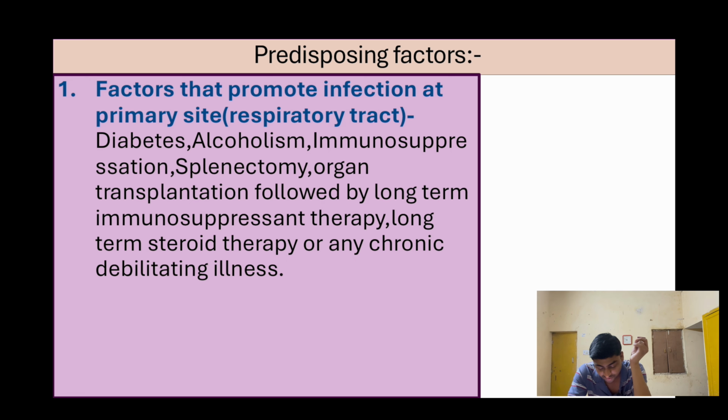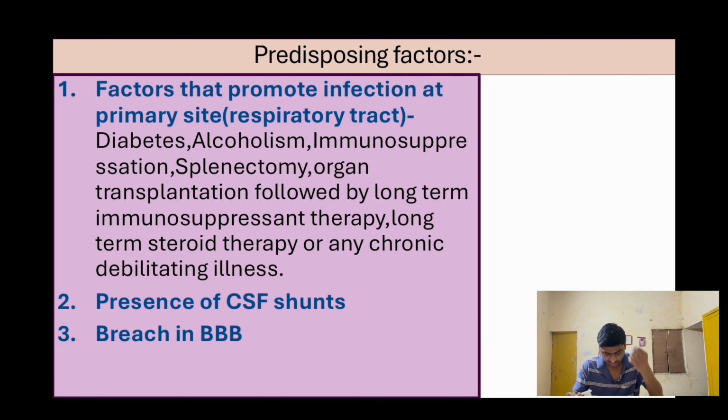Due to immunosuppression, it can promote infection at the primary site and then can cause the meningitis. The other factor is splenectomy or any chronic debilitating illness. Now, there can be presence of CNS stents or there is a breach in the blood-brain barrier through which the organisms can gain access to the meninges.